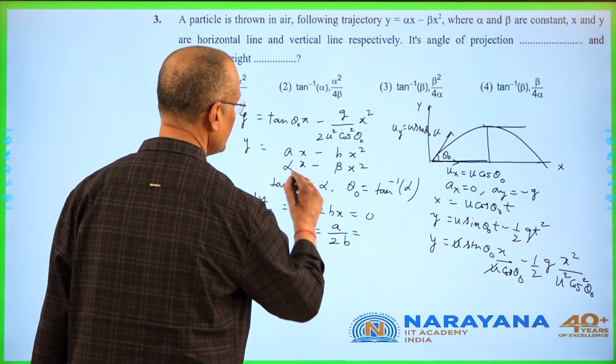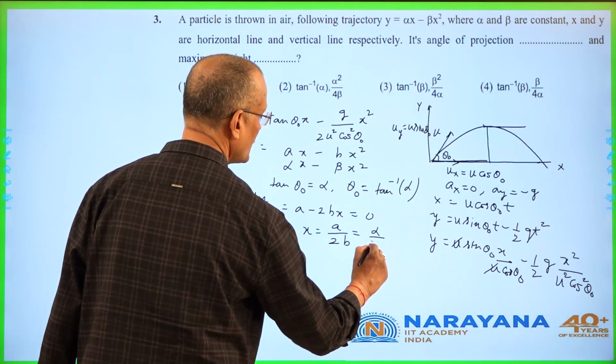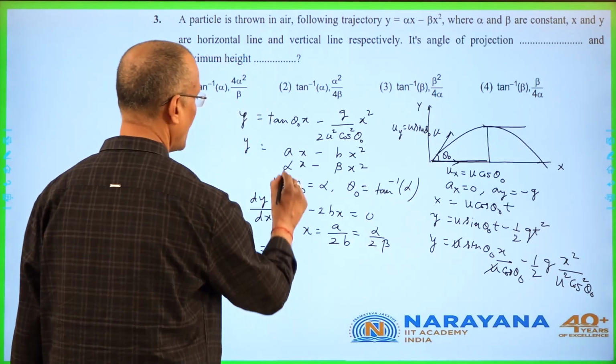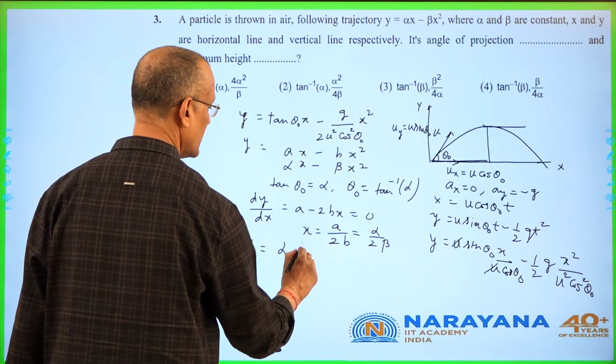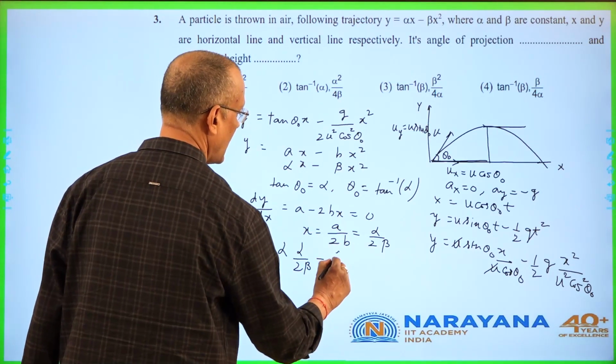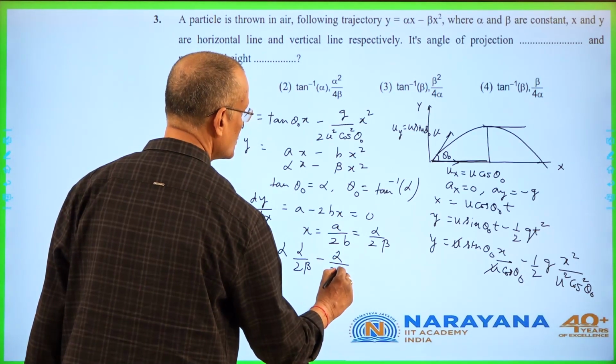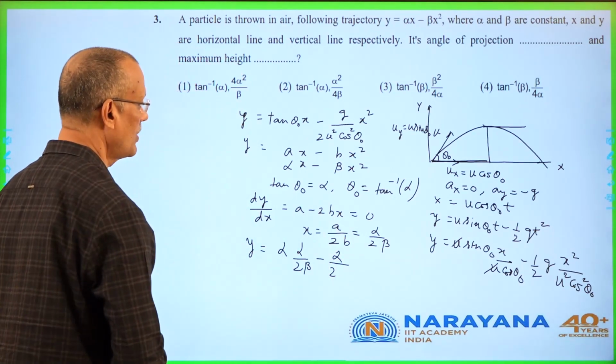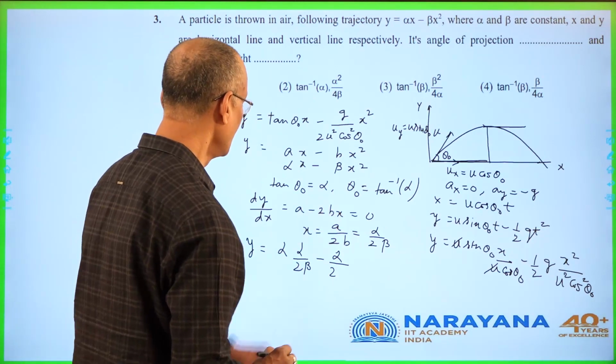So this will become in this term alpha by 2 beta. So alpha x alpha by 2 beta minus alpha by 2 beta. You are going for x value.